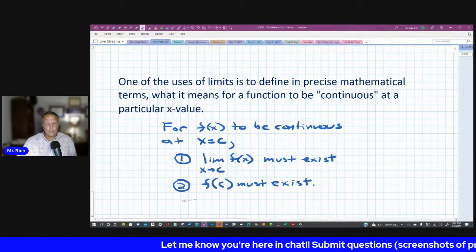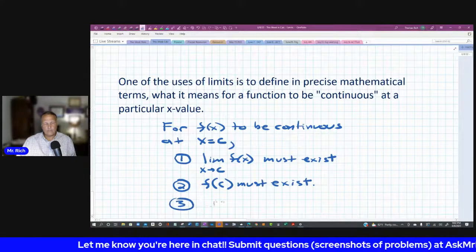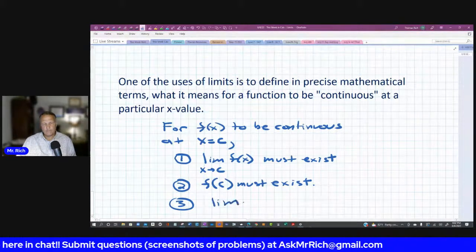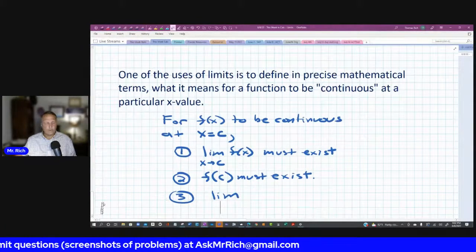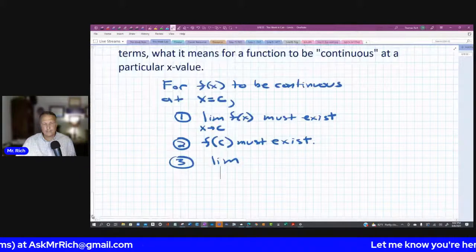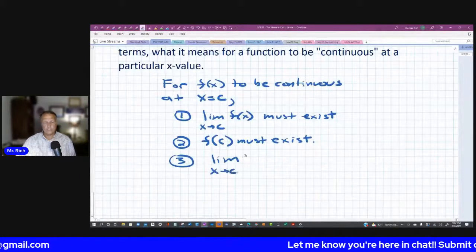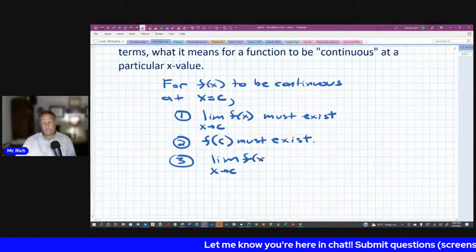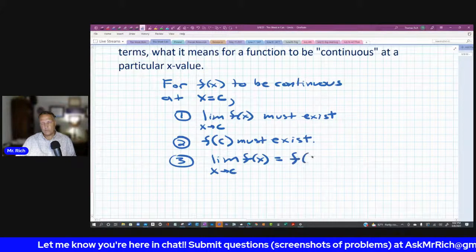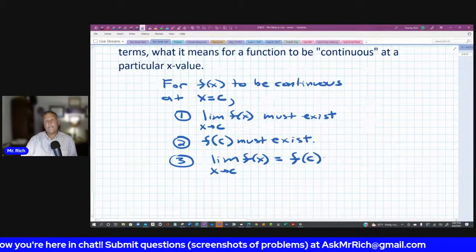And then the third requirement for a function to be continuous at x equals c is that the limit as x approaches c of f of x must be equal to whatever that f of c is.